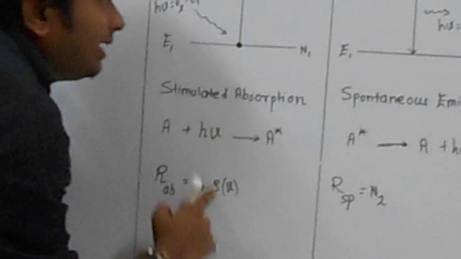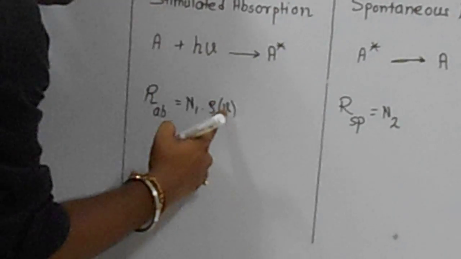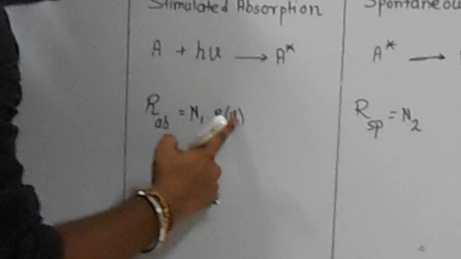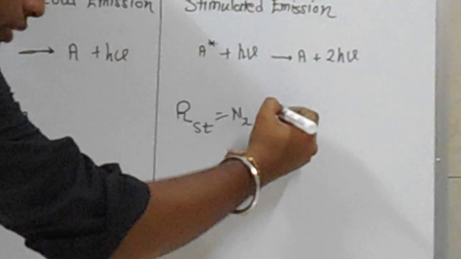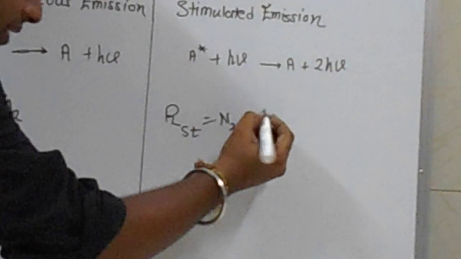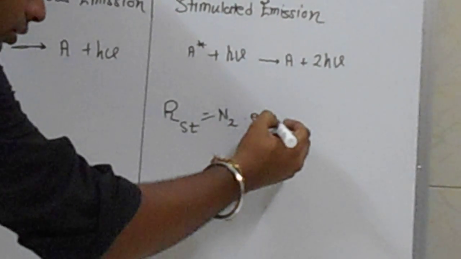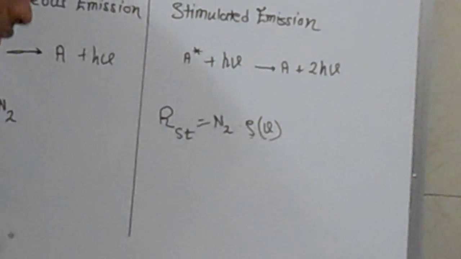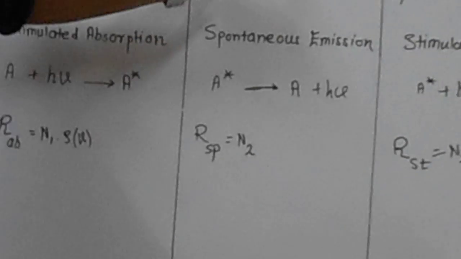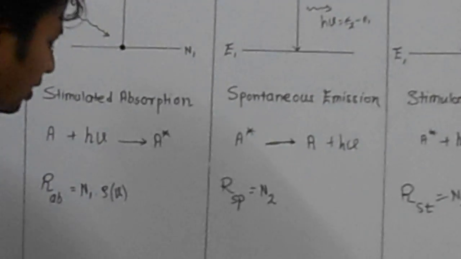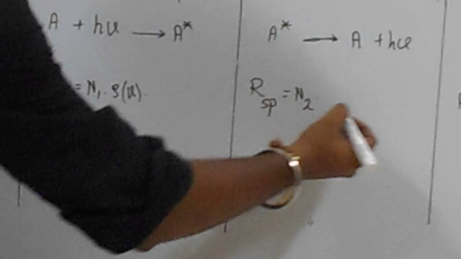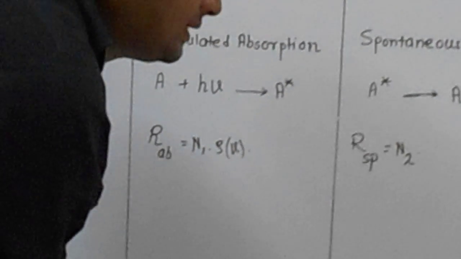Now this rho is the density of external photons, which is a function of its frequency. Similarly, your third process also depends upon the density of external photons, rho of nu. As far as your second process is concerned, you don't require any external photon, hence we will not multiply by a factor of rho.